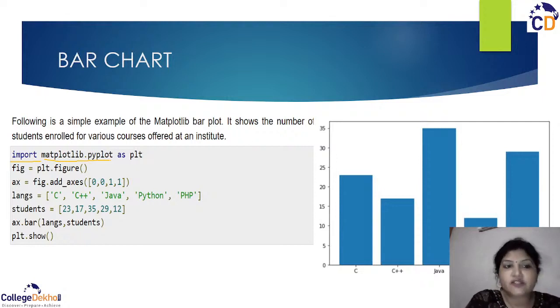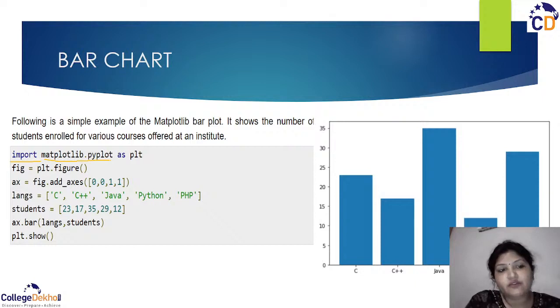The figure function is defined under the library matplotlib, and plt is an alias name of matplotlib. So if you want to access any function, you have to use the alias name of that library, dot, the function name. So the function is figure.